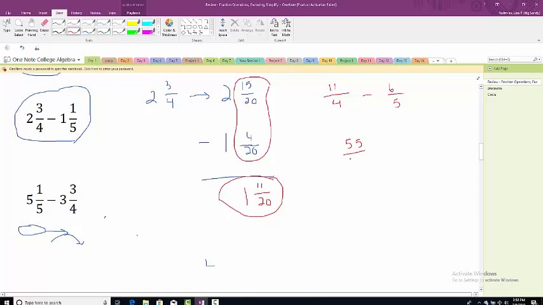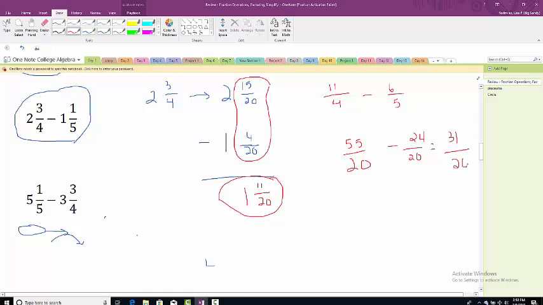We got 55/20 minus 24/20. And so we do 55 minus 24, which is 31. And the 20 stays 20. So the answer is 31/20.